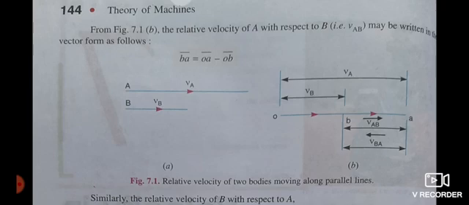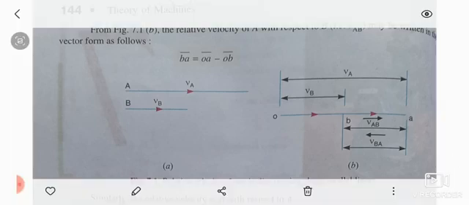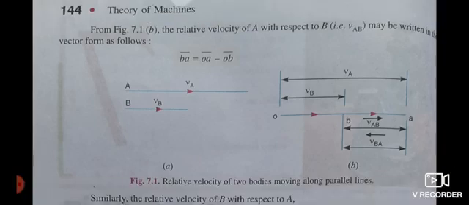This is the form of showing the vectors. This is written as vector BA equals vector OA minus vector OB. Here we can see vector OA, that is VA, and OB, that is VB. In the bottom diagram, BA is equal to VAB.